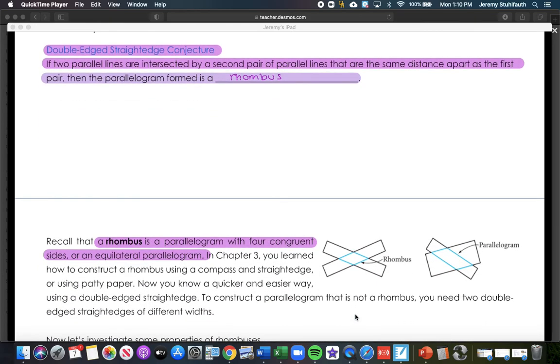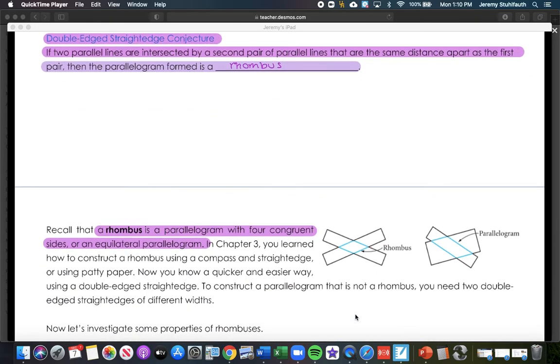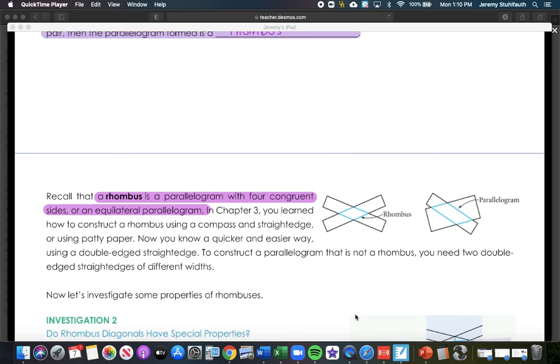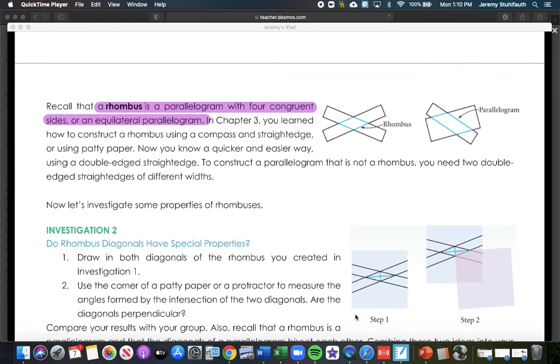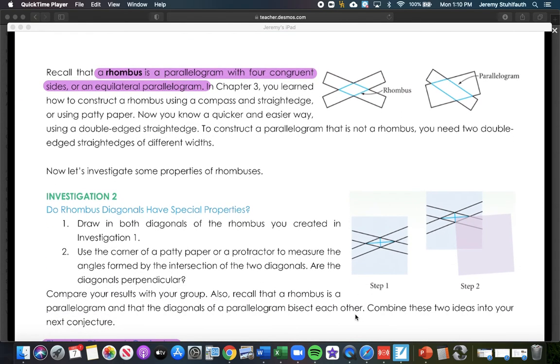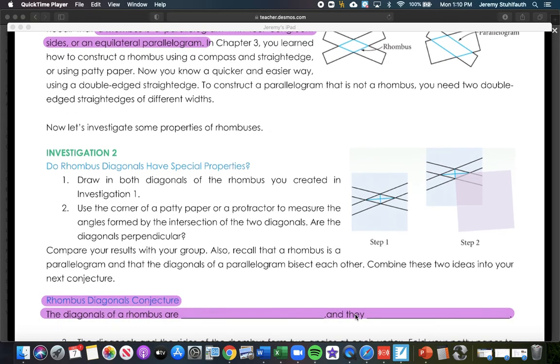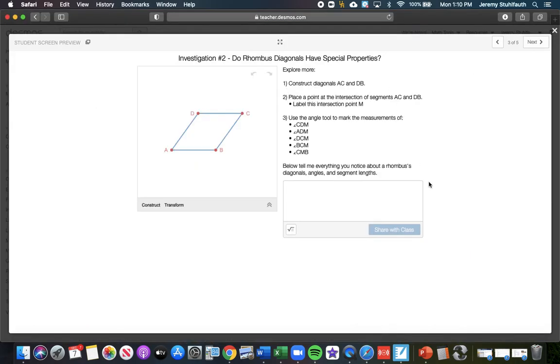Again, quick refresher: a rhombus is a parallelogram with four congruent sides. What we're going to do is take a look at what special properties we have of rhombuses. We're going to take a look at a Desmos slide.